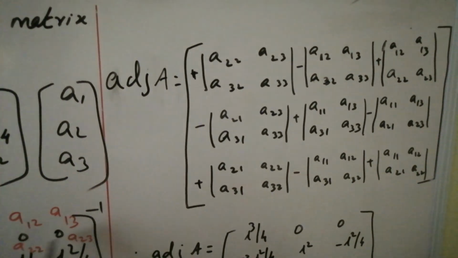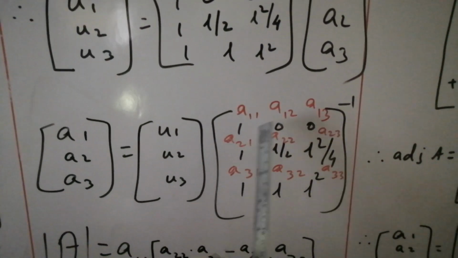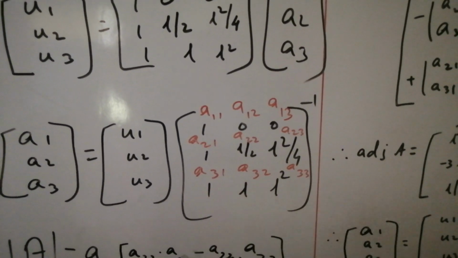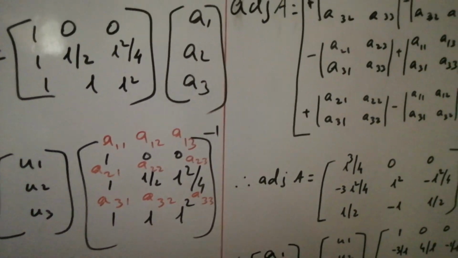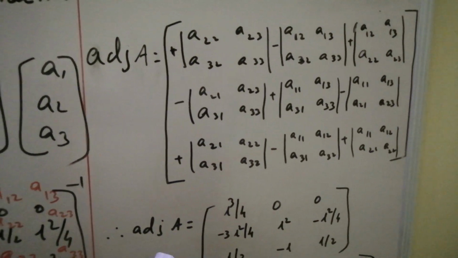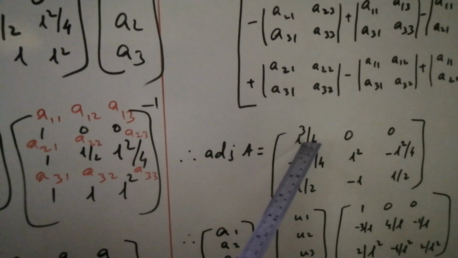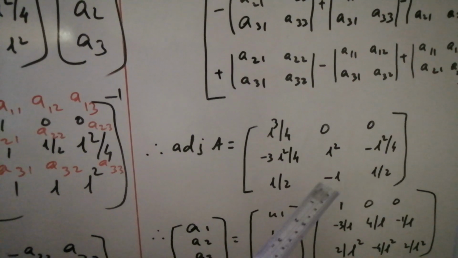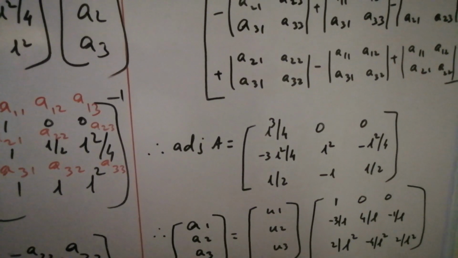We will get the remaining elements, and it goes on. While substituting the values and finding the determinants, we will get adjoint A equal to L cube by 4, 0, 0, minus 3 L square by 4, L square, minus L square by 4, L by 2, minus L and L by 2.